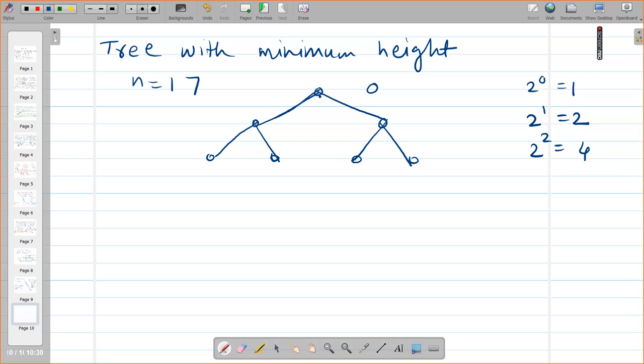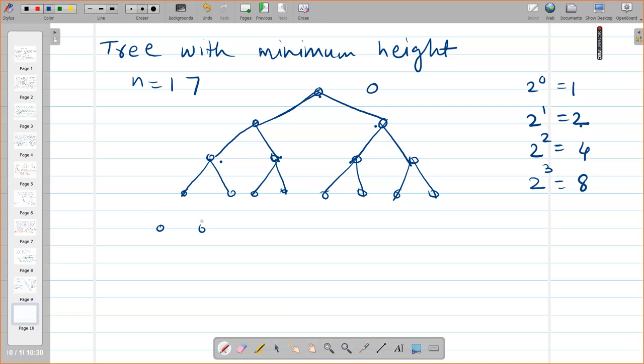So how many are there? 1 plus 2, 3, 4, 5, 6, 7. Now from these how many will come out? From these 4 vertices 8 will come out. So 2 raised to 3, that is 8. How many now? 8 plus 4, 12 plus 2, 14 plus 1, 15.